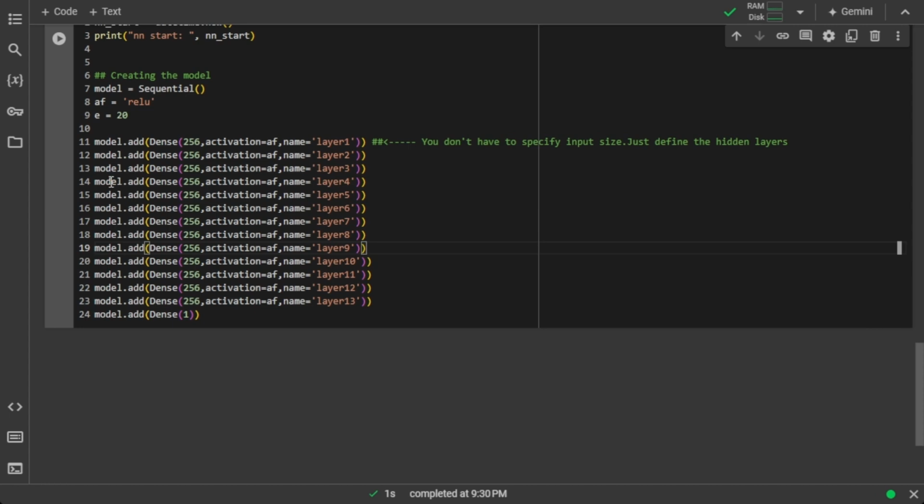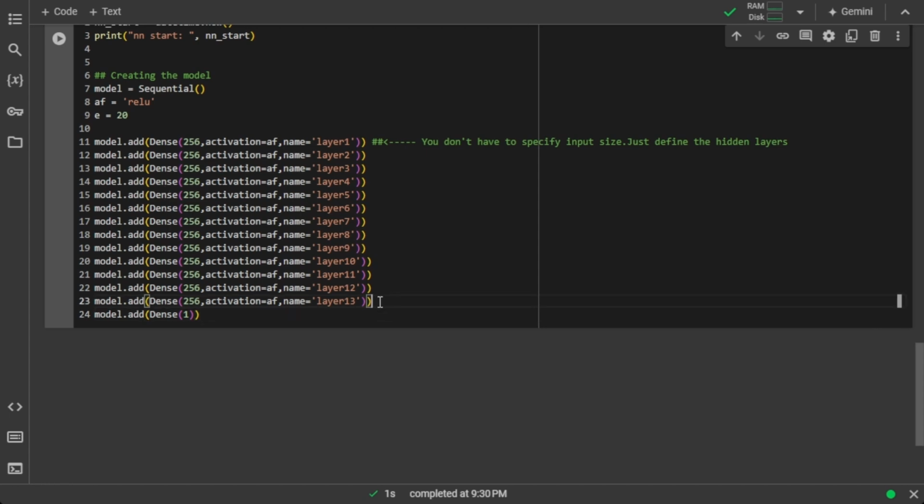You have to define at least a couple. I need an output layer, and what is my output? My output is one thing, right? It's a price. We're modeling rental rates, so the output is going to be one rental rate, or one per square foot rental rate, right?